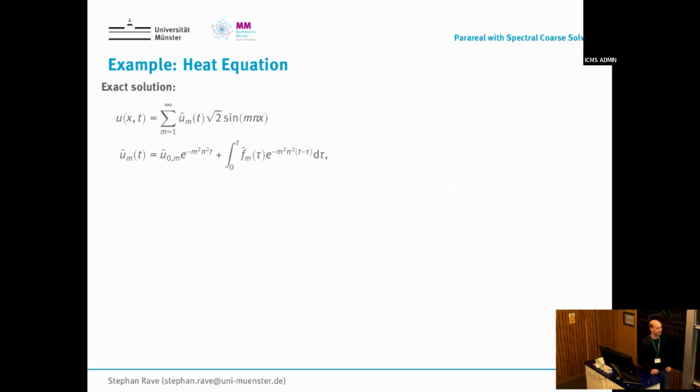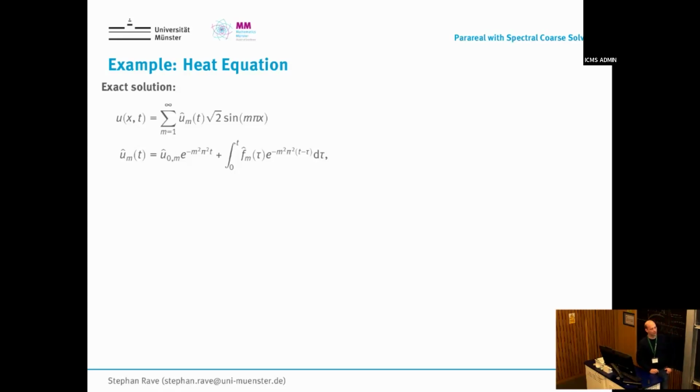And as Martin already hinted at, you can quantify this also exactly for this problem by doing some Fourier analysis and writing down the solution exactly. So here the û_m are the Fourier coefficients of the solution over time. And here you have the Fourier coefficients of the initial data. And here you have your exponentially decaying term in time. And then you have the inhomogeneous part.